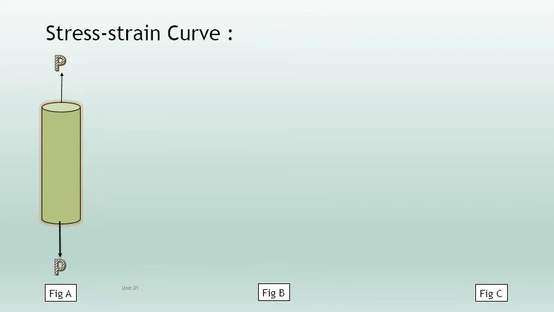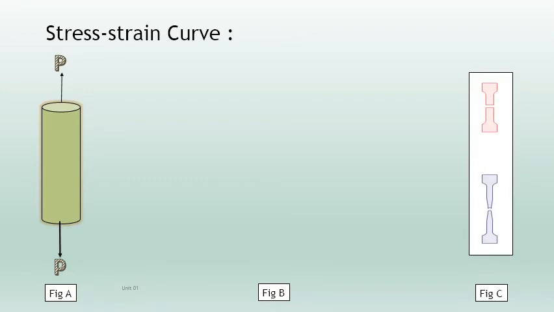This curve reveals many properties of a material such as Young's modulus, yield strength, and ultimate tensile strength. If you consider this test specimen of brittle material, you get this type of formation. It suddenly breaks while gradually applying the load.